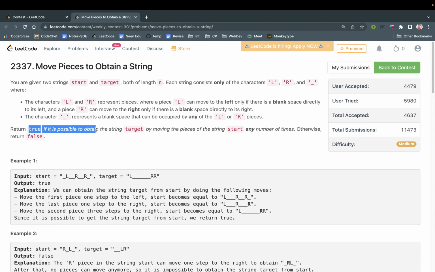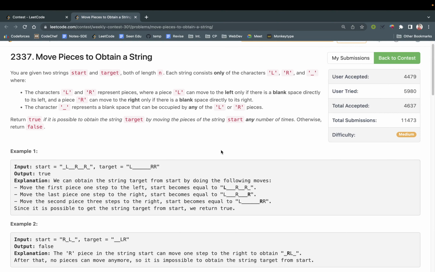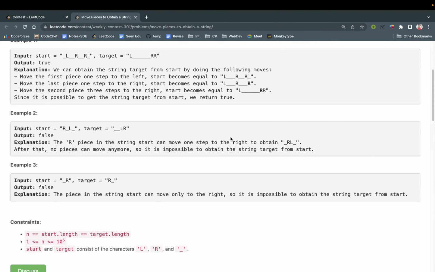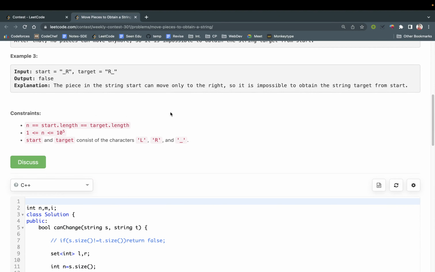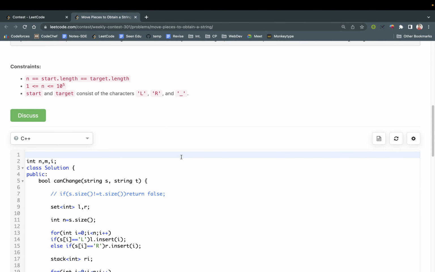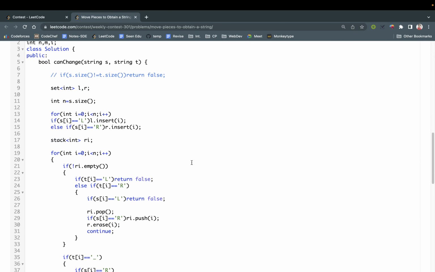So we have to return true if it's possible to change the string start to the target by any number of moves. What I have done in that is it's basically based on three cases on the values.